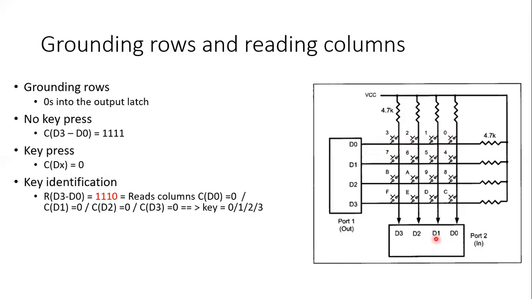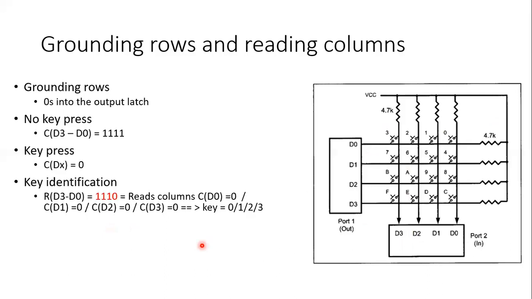If this particular column is having value 1, then this must be 1. Then it may be 2 if this column is having value 0. If this column is having value 0, the key pressed may be 3. Understand that? So depending on which key we have pressed, the corresponding column will be read.